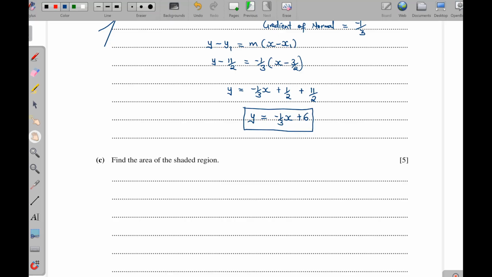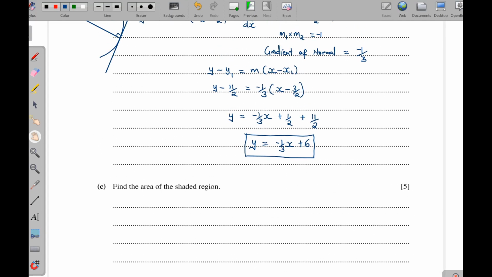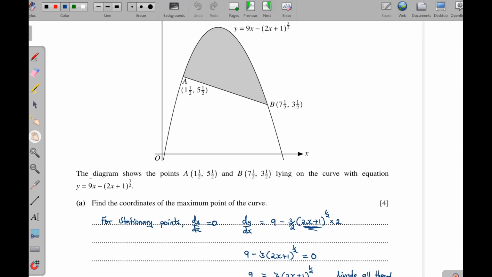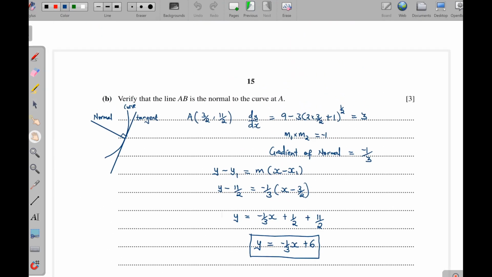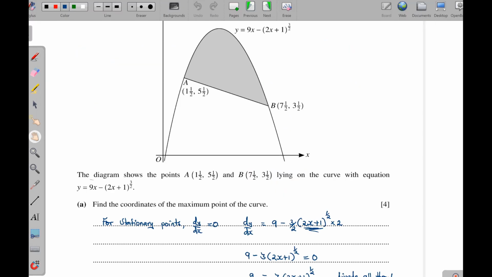Then part C, find the area of the shaded region. So area of the shaded region, you can see here. Now, the normal is this line AB. Is line AB the normal? Yes, line AB is the normal. So what we are going to do here, we need to get the area under this curve.